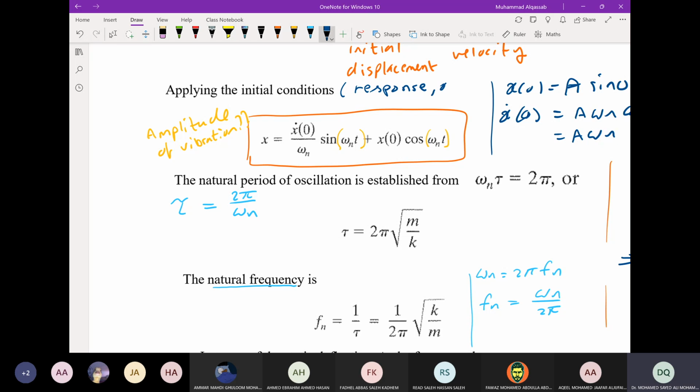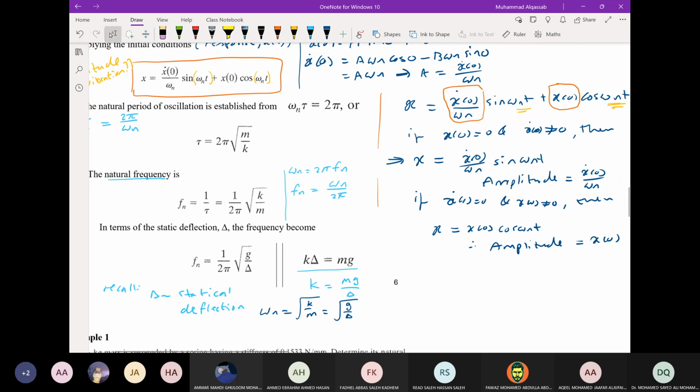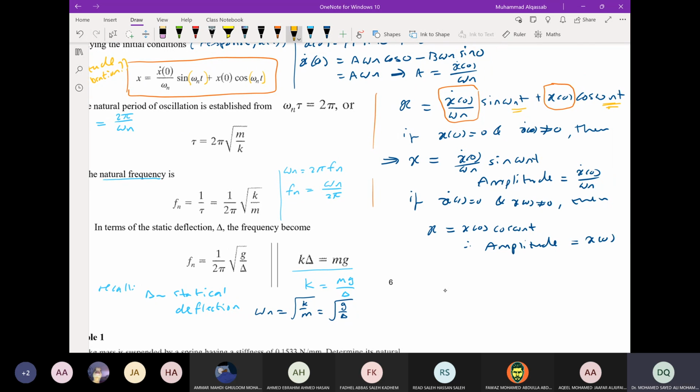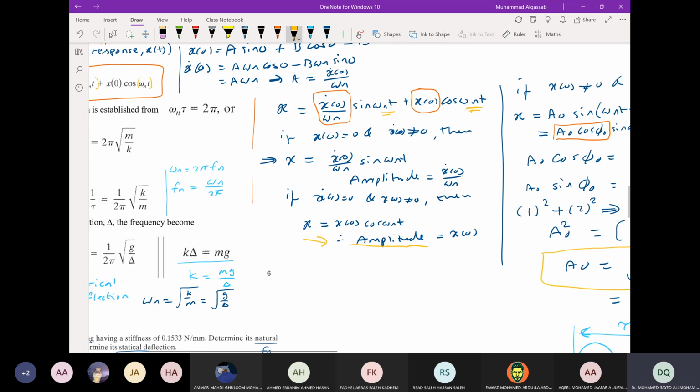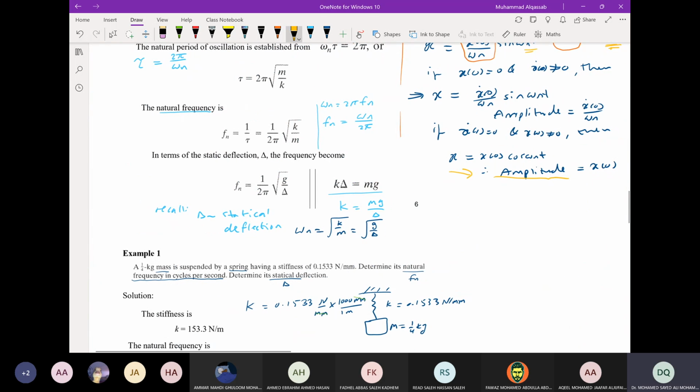It is given finally, after we use the initial conditions, we get x equal to x dot 0 divided by omega n sine omega n t plus x at 0 cosine omega n t. Here the amplitude of vibration is obtained with A0. We find finally A0. But amplitude means the peak value.